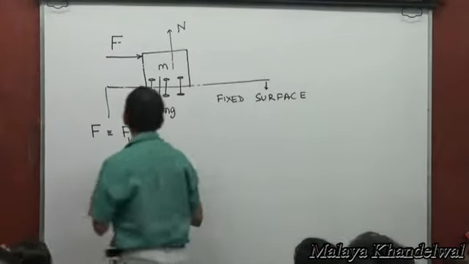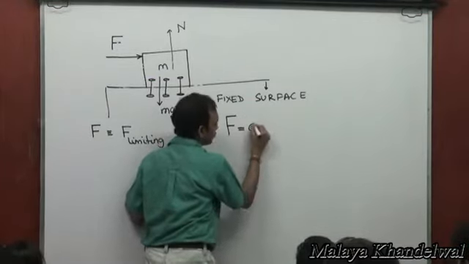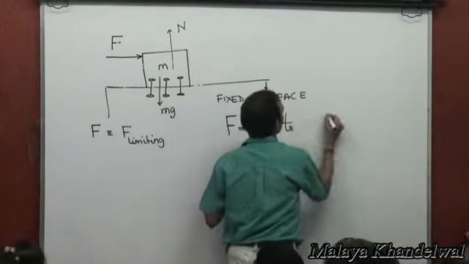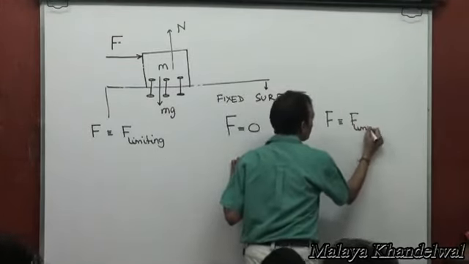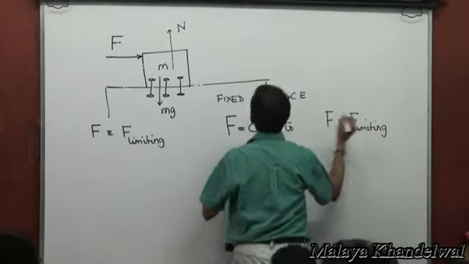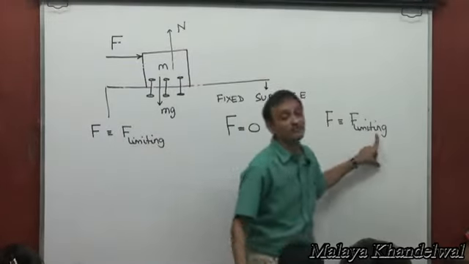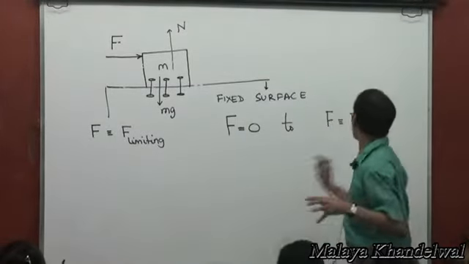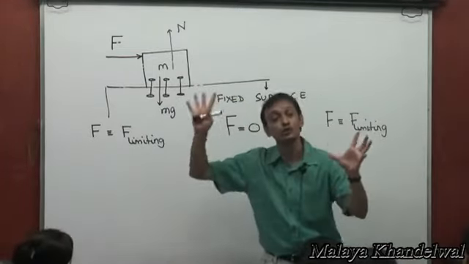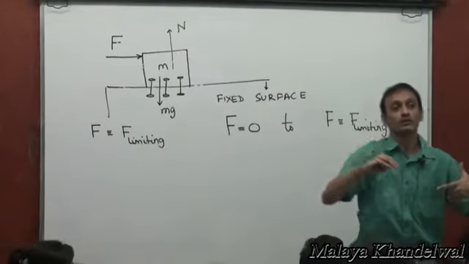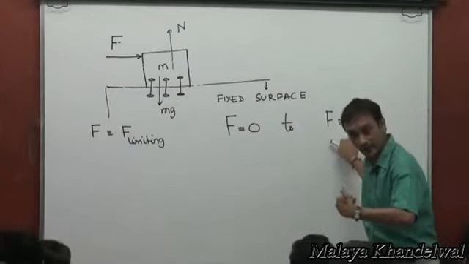But from applied force F equal to 0 to F equal to F limiting, the externally applied force varies from 0 to a certain value F limiting, which would be a property of the two surfaces in contact. I'll come to the model that will determine this limiting value of F, right?